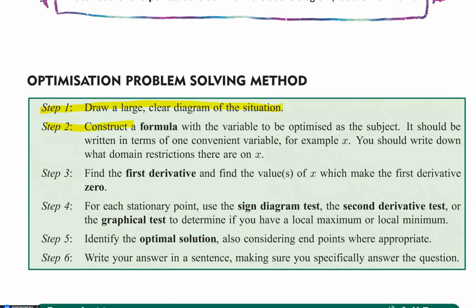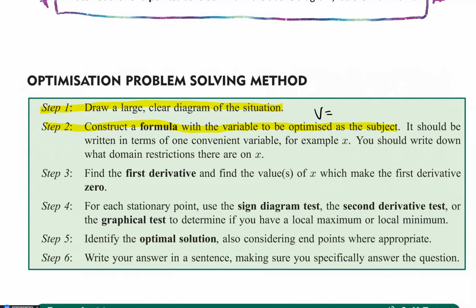Step 2, we need to construct a formula with the variable to be optimized as the subject. So if you want to optimize the volume of something, when they say the subject, they mean that would be V equals. The other thing that you want to do is try and only work with one variable.